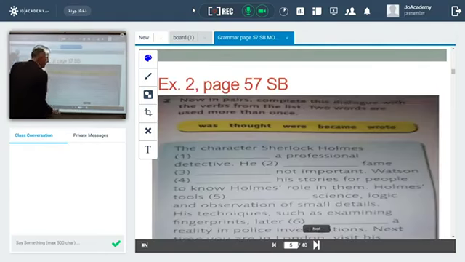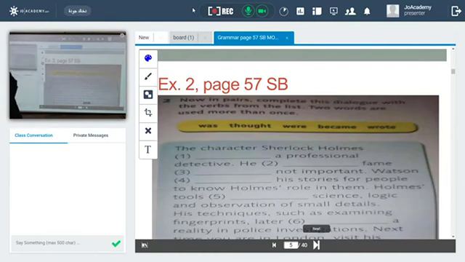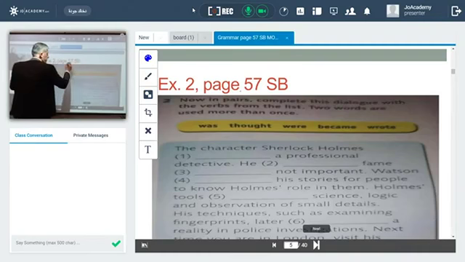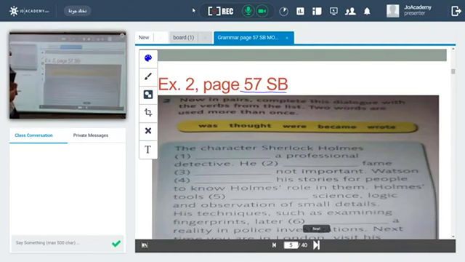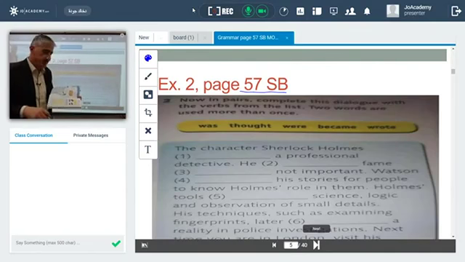Here, let's go back to our students' book. We have page 57 of our student book. Okay, we have to do the exercise number 2. Here we have some verbs. We need to put these verbs.